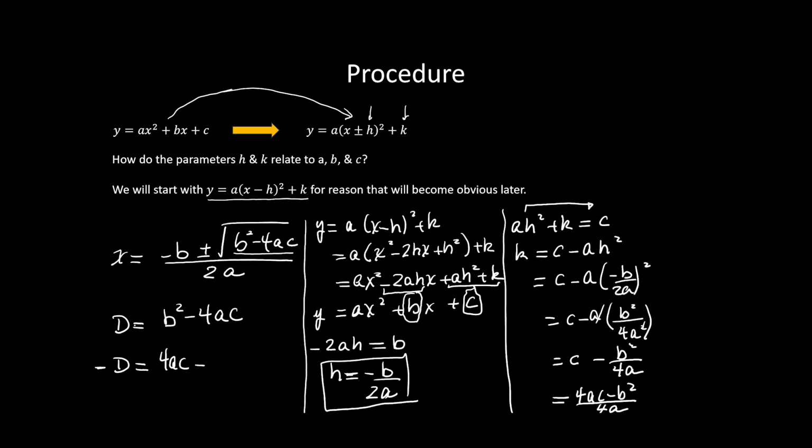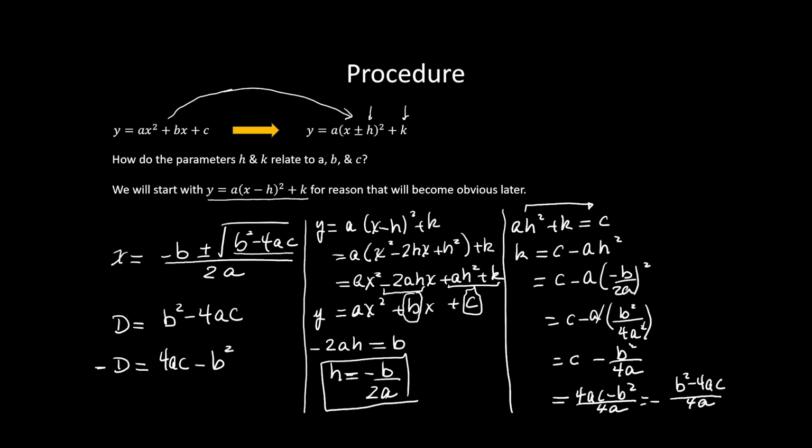Multiply both sides by a negative, and then I rearrange, I get this. So this is basically negative b squared minus 4ac over 4a. And this is k. We just got k in terms of b, a, and c, and now we have h.